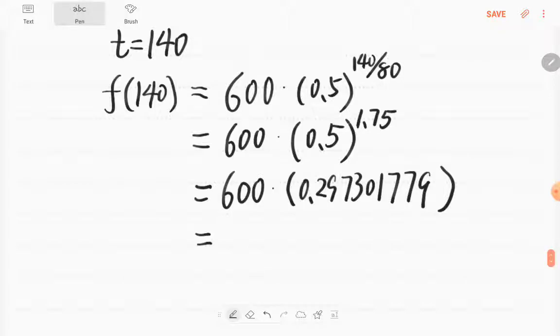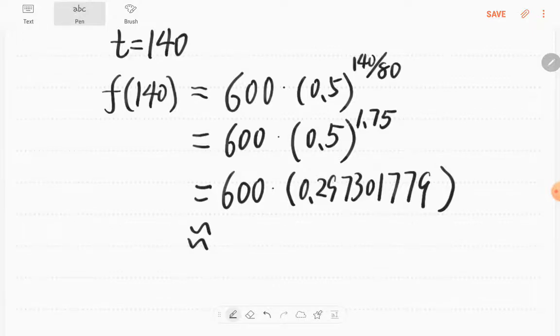Then we multiply this number by 600. Okay, then you will have the final answer. It is 178.381067.